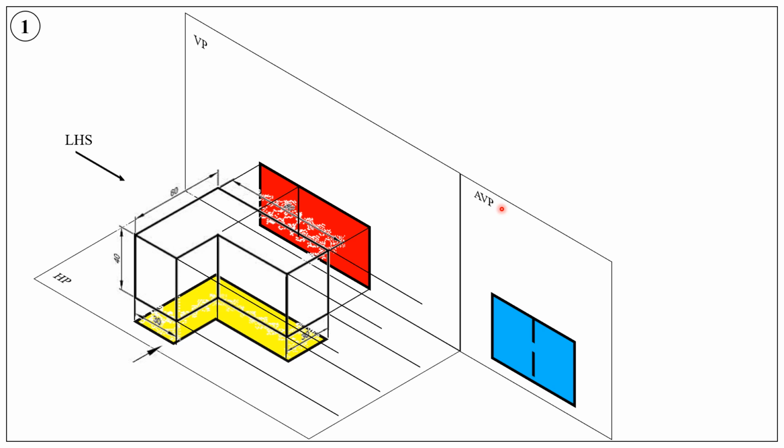Therefore, in order to draw the left hand side view, use the space to the right of the front view.